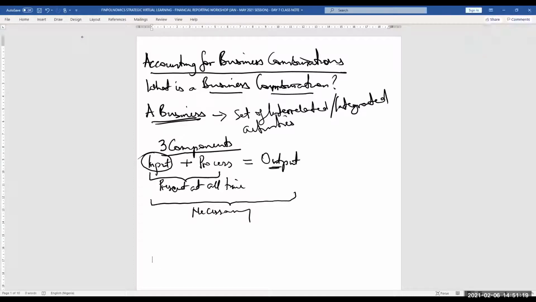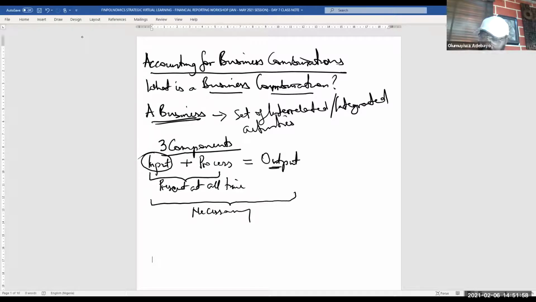For input, we are talking about the resources we injected in a business, such as cash, human capital, assets, and what have you. That's correct. Now, also the input need not be complete, but there's a significant input that can allow the company to function.